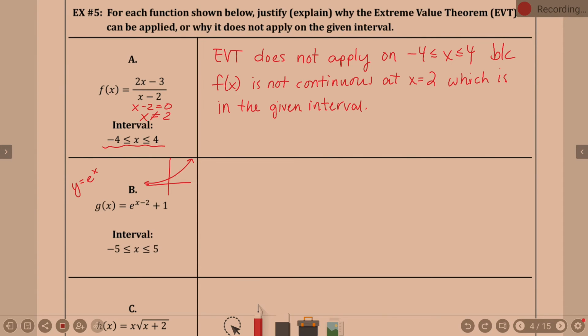Okay, so I have written in my notes, g of x is continuous for all reals, so EVT applies on negative 5 to 5.